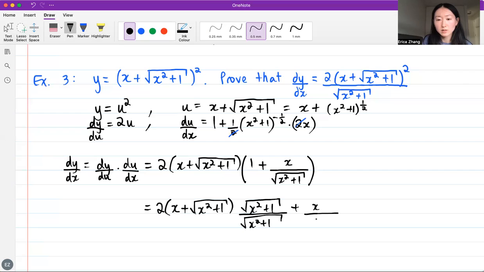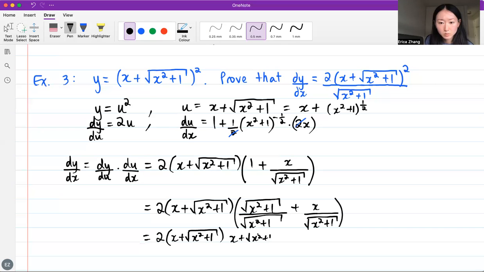So this will allow us to combine the numerators. And then we see that we end up with x plus square root of x squared plus 1 over square root of x squared plus 1.